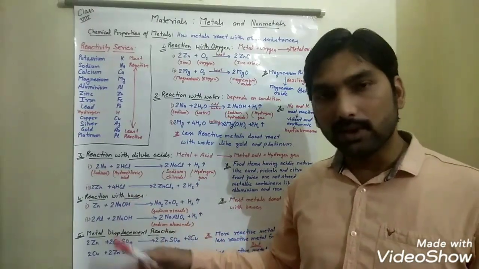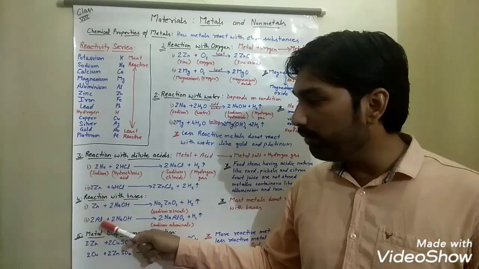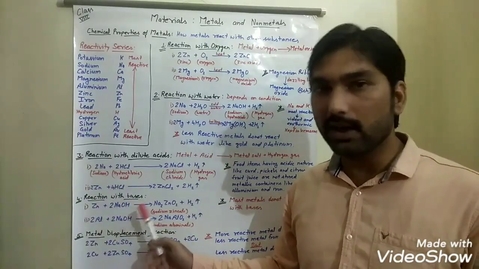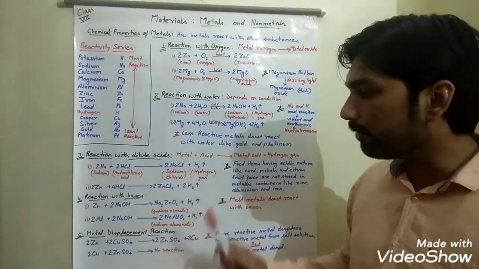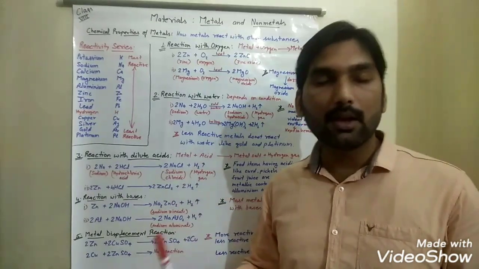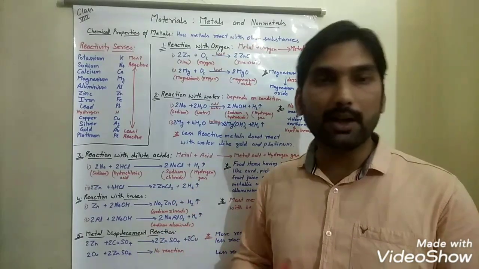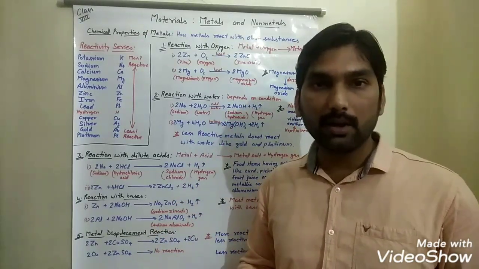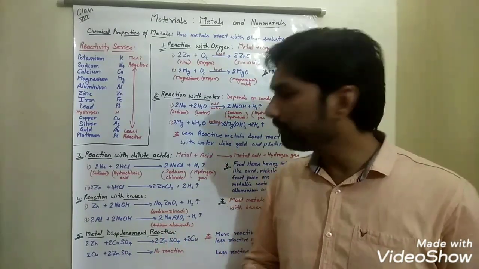Most metals do not react with bases, but zinc and aluminium react with some bases and form salt again with the release of hydrogen gas. And in the displacement reaction, a more reactive metal can always displace the less reactive metal, but a less reactive metal can never displace the more reactive metal.